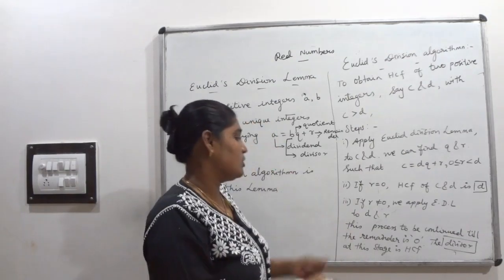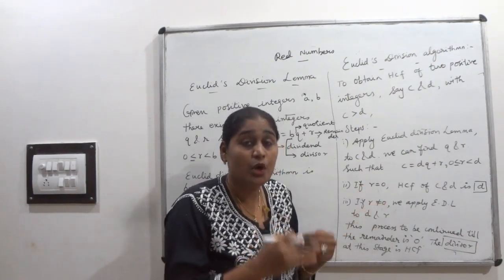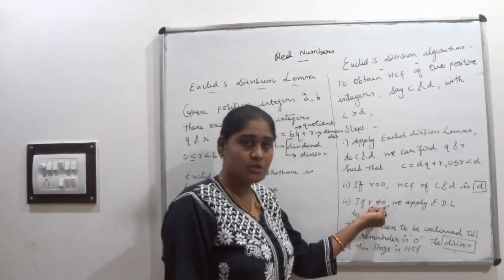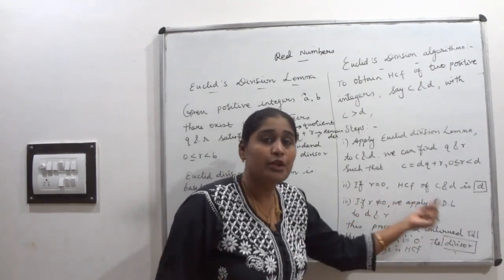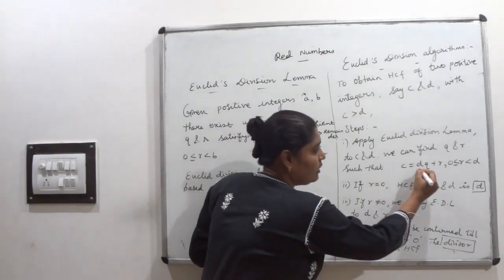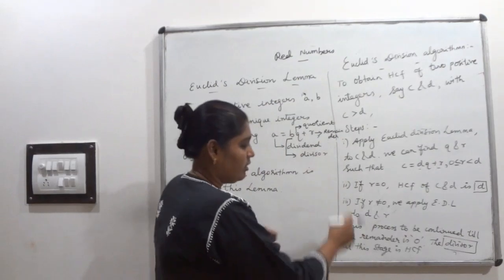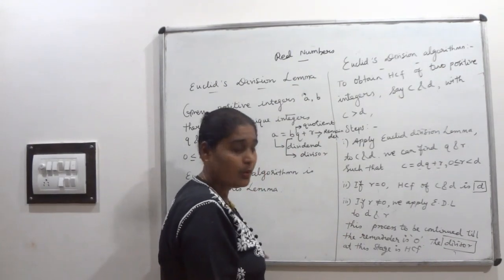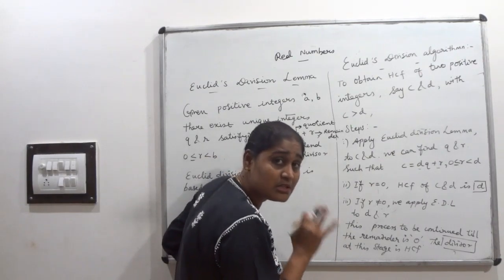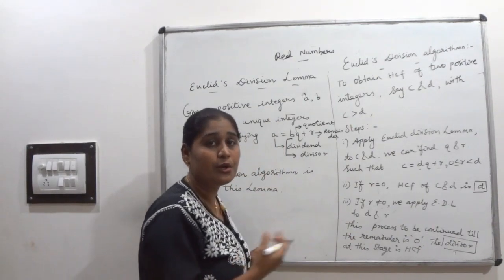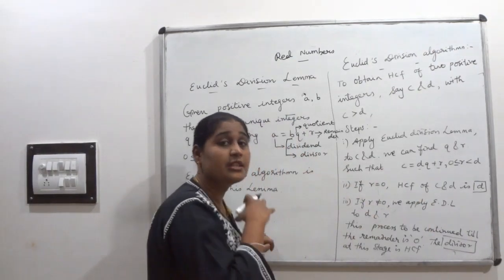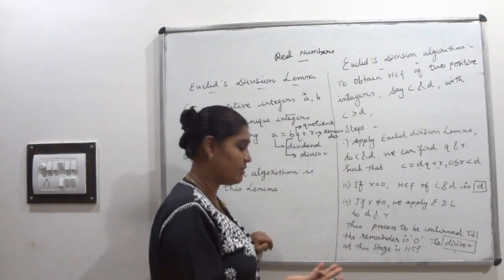Suppose in case the remainder is not equal to 0, then what do I have to do? If the remainder is not equal to 0, again I have to apply the Euclid division lemma to d and r. This process is to be continued till the remainder comes 0, applying Euclid division lemma by changing the new dividend and new divisor.